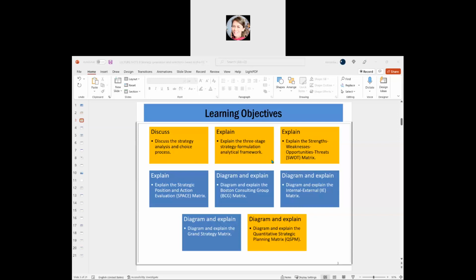Now, what I will discuss today are those highlighted in yellow. We will not be able to cover all of this.